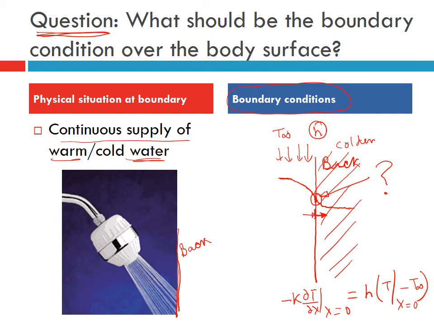Okay? So the surface temperature is not known, but we have this extra condition, and that's the convective boundary condition. So this is an example of a type 3 boundary condition.